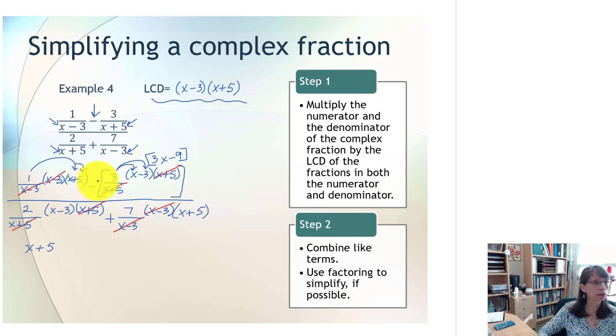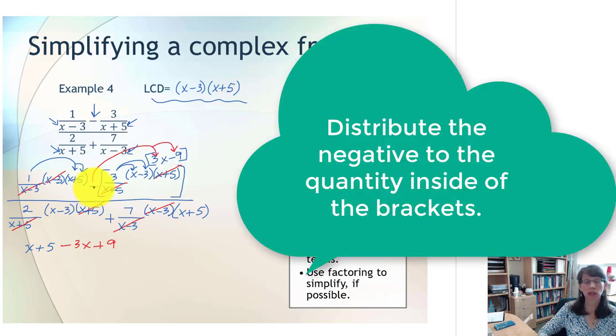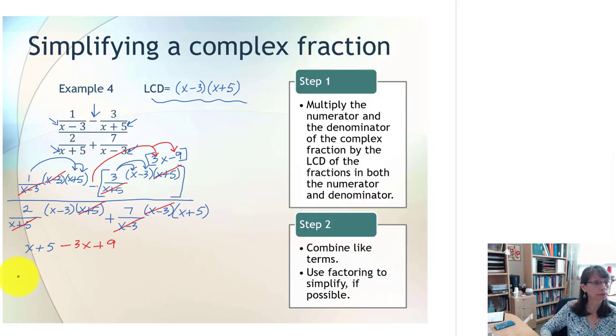So I have to remember that the negative will distribute now to each term in that bracket. So 3x is now negative 3x. And negative multiplied by negative 9 becomes positive 9. So that is the crucial step right there. When you have subtraction, don't forget to distribute the negative to any terms remaining in the bracket.